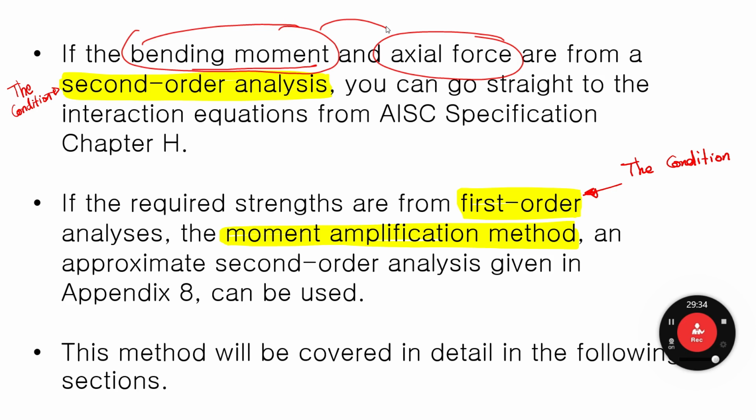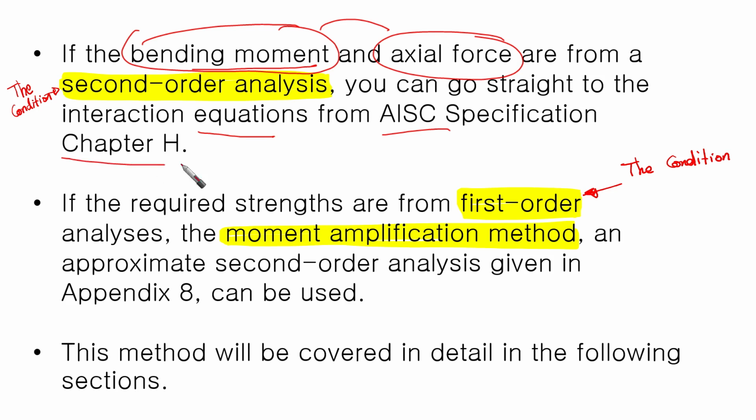You can go straight to the interaction equations from AISC Specification Chapter H, because your bending moments and axial force are already augmented and amplified by taking into consideration the second order analysis. So this is the condition here.